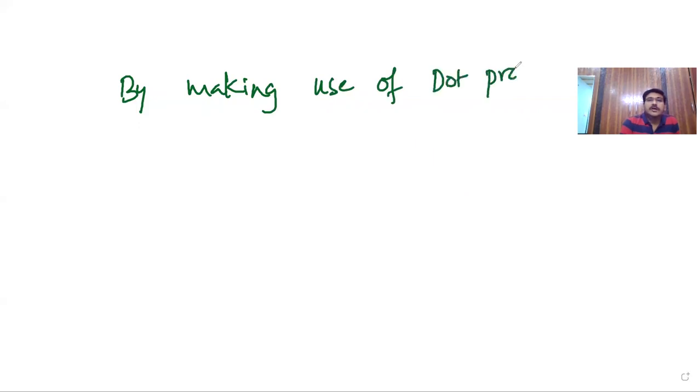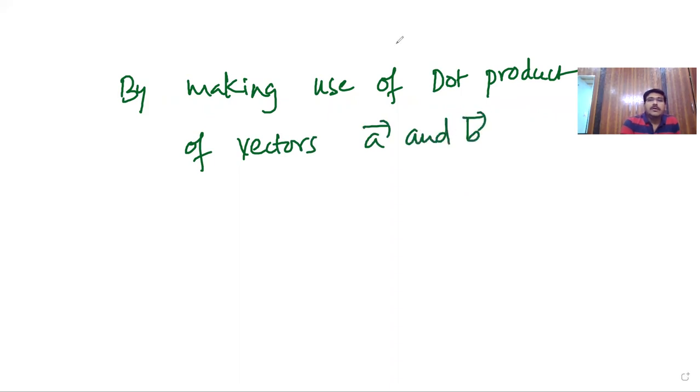Making use of dot product of vectors A bar and B bar. What is the dot product?